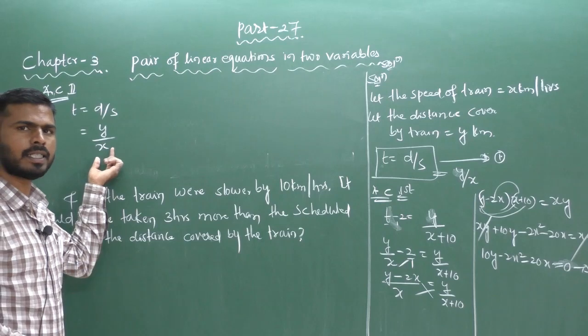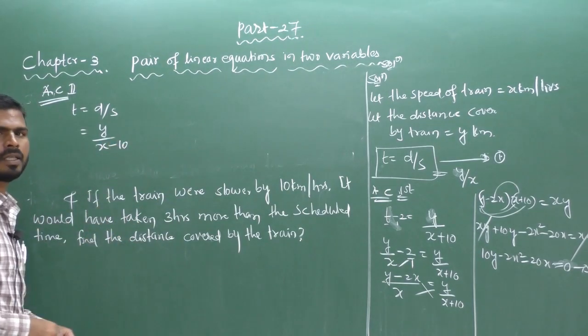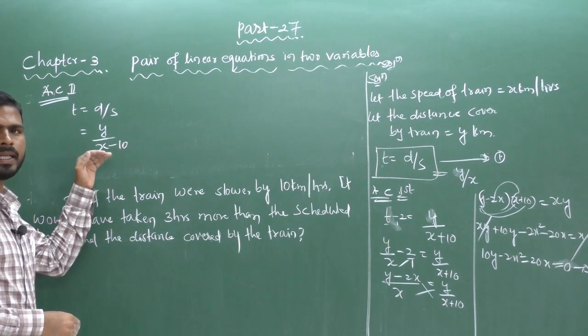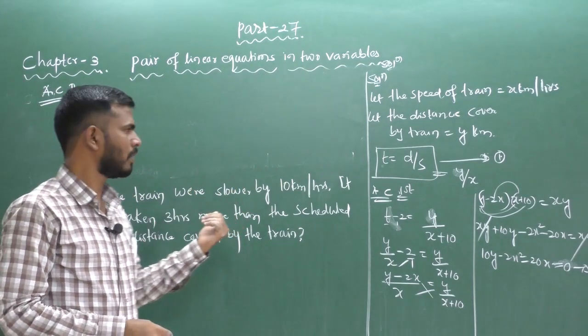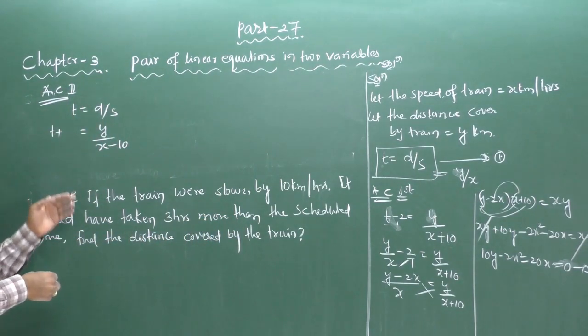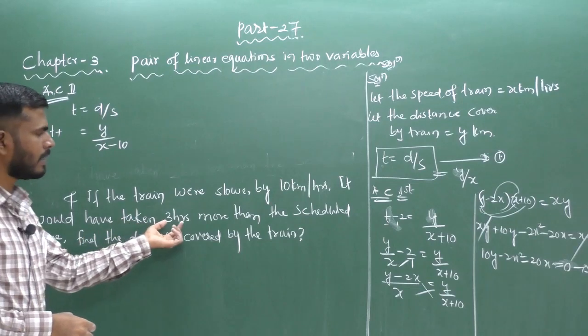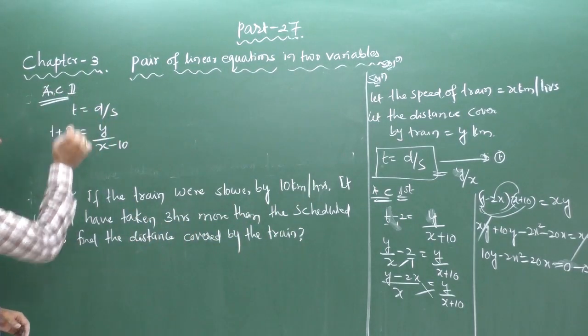Suppose you decrease the speed by 10 km, automatically it will take more time. So time more means plus how much? That is 3 hours more than the scheduled time. So you have to add here plus 3.